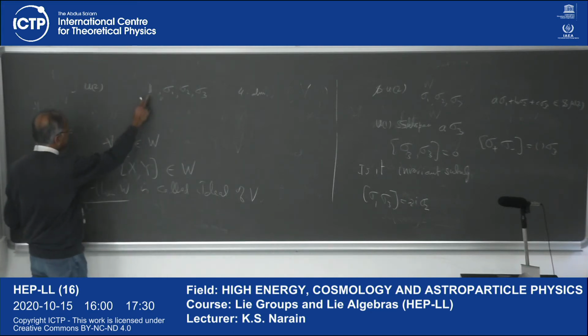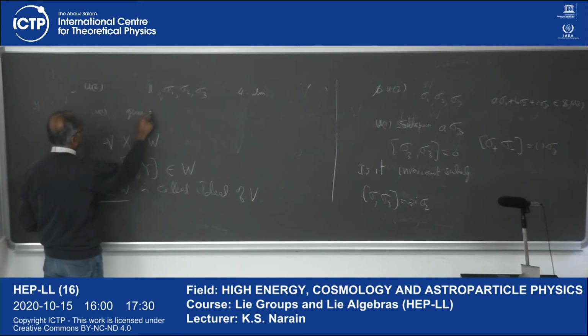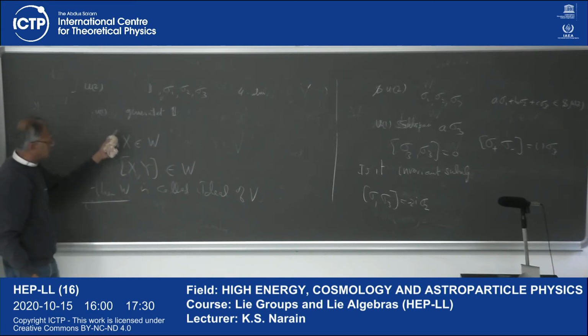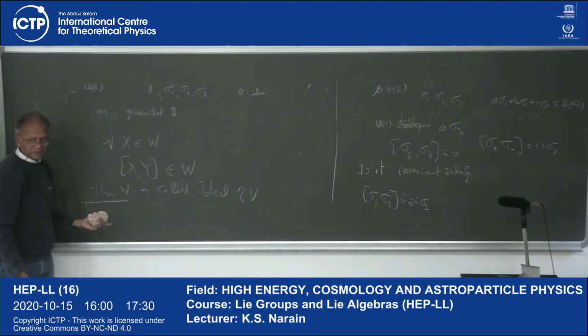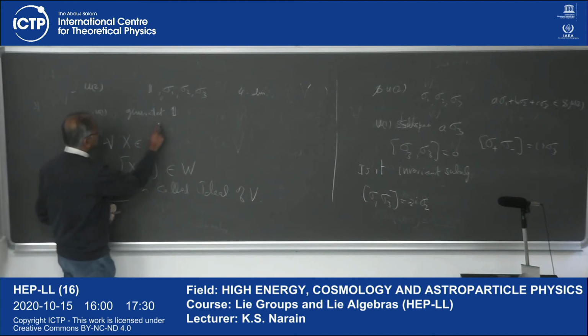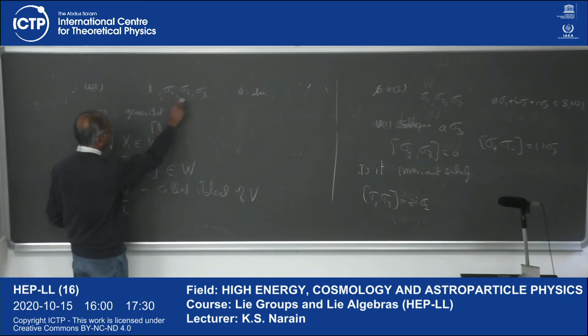And now there is a subalgebra which is just generated by the identity matrix. This is clearly a subalgebra because the commutator of 1 with 1 is 0. But it's also an invariant subalgebra because 1 commutes with any of these combinations.